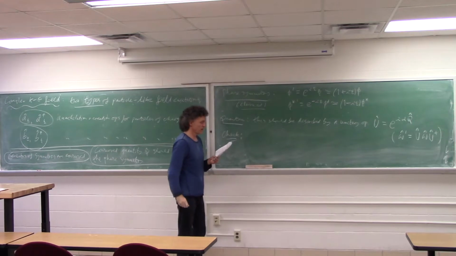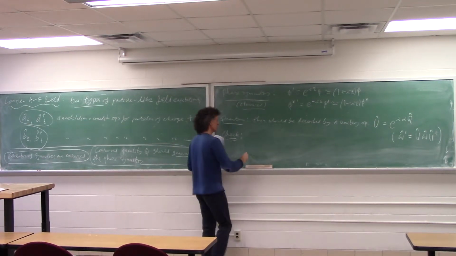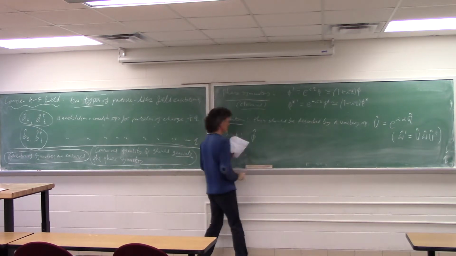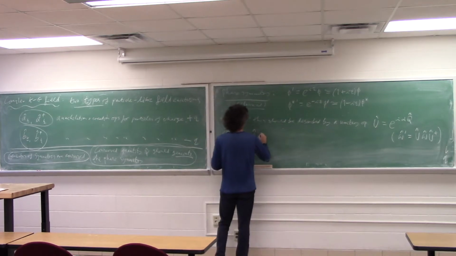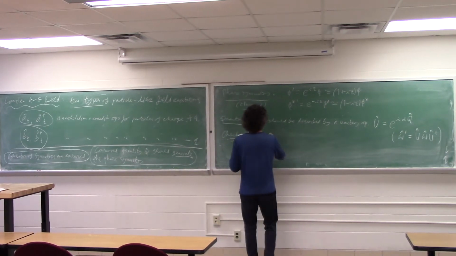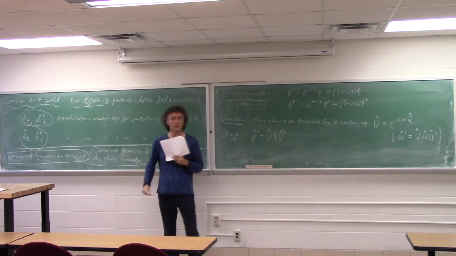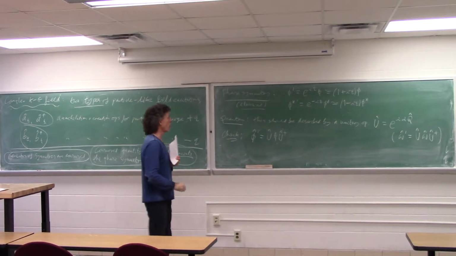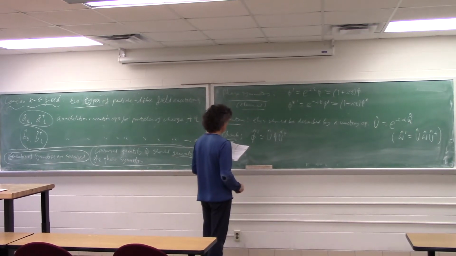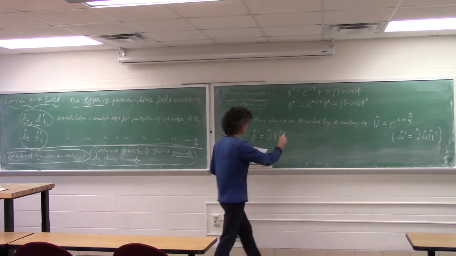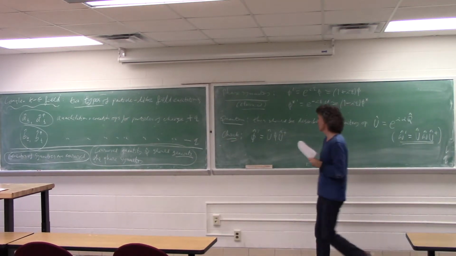How will this unitary transformation change our field operator? Our new field operator is going to be U phi U dagger. This transformation at the quantum level will change our field operator, just this law applied, replacing omega by phi.